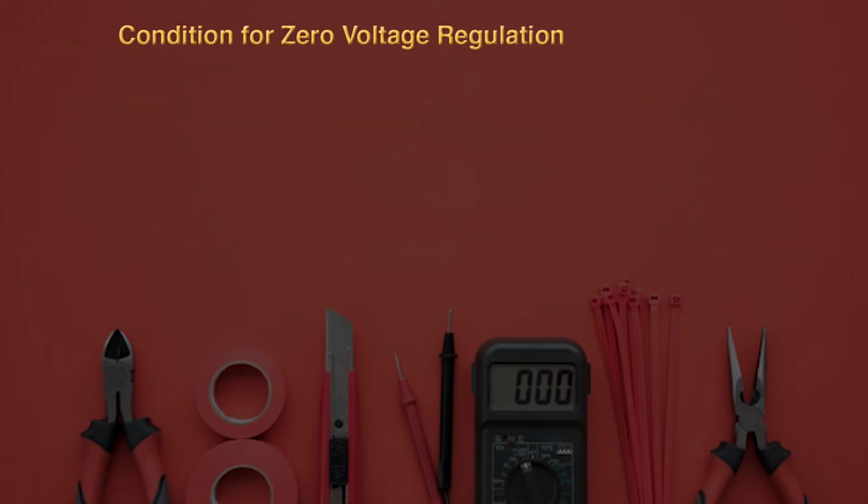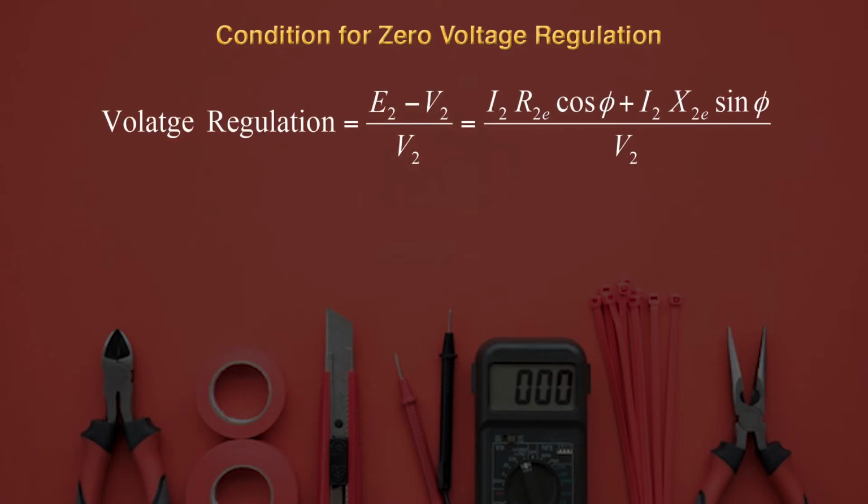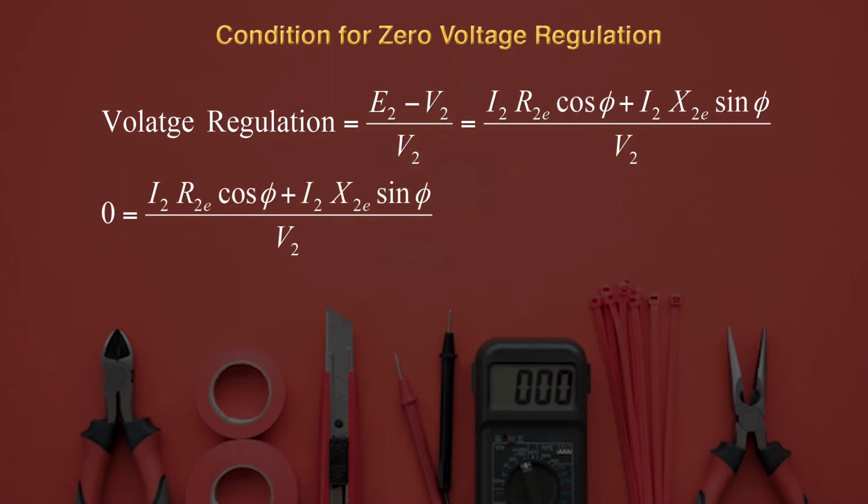Now we have to find out the condition for zero voltage regulation. As you know, the voltage regulation can be written as E2 minus V2 upon V2, and this can also be written as I2 R2E cos phi plus I2 X2E sin phi upon V2. For zero voltage regulation, just put 0 as the voltage regulation.